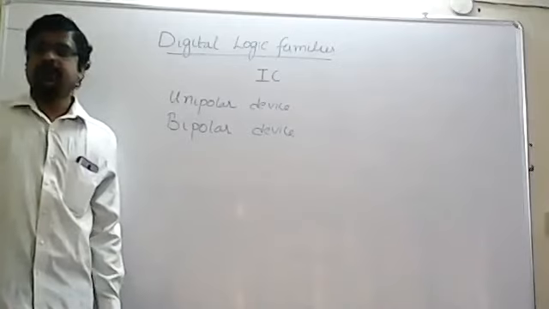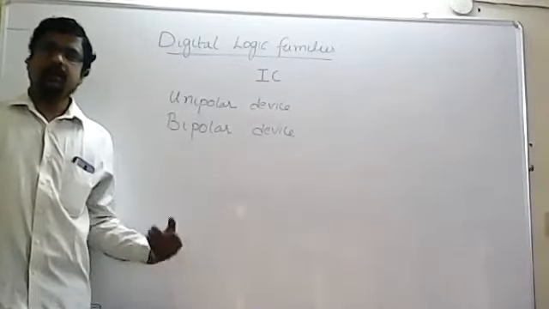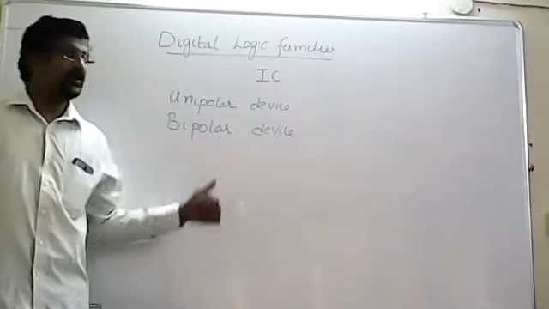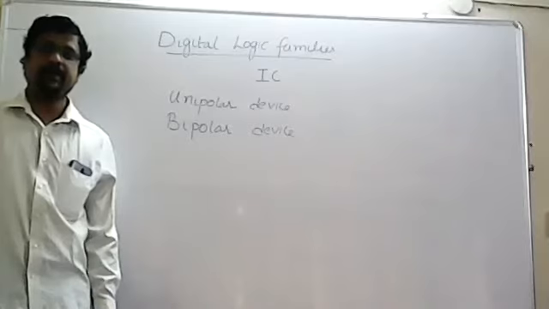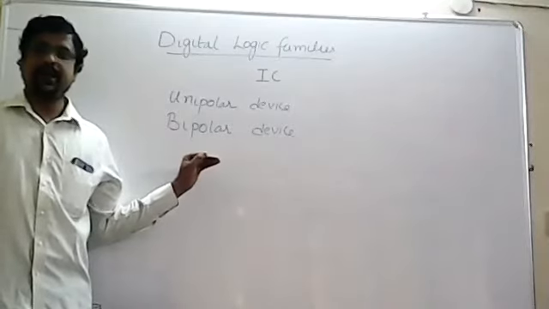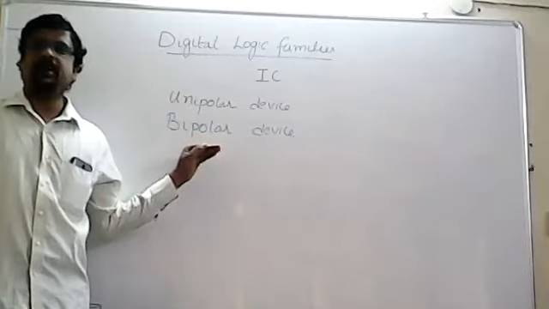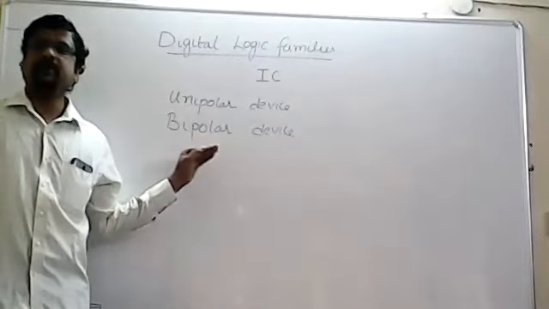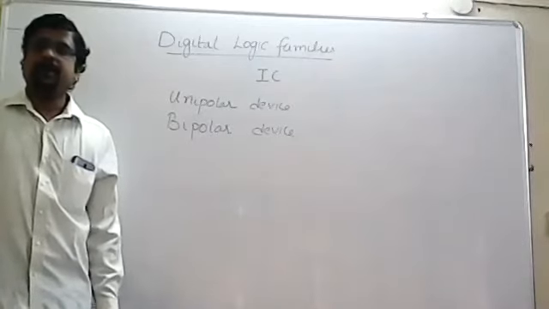That is our wish. Either you design with a unipolar device or you design with a bipolar device. Later we'll see what those unipolar and bipolar devices are. So basically remember that the digital ICs are manufactured using one of these devices, either unipolar or bipolar.